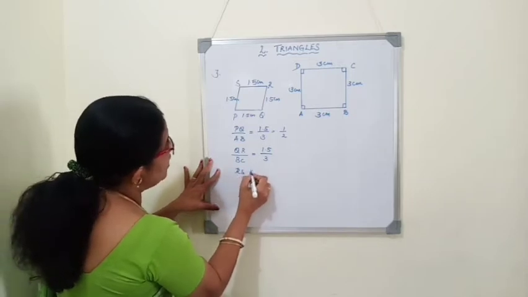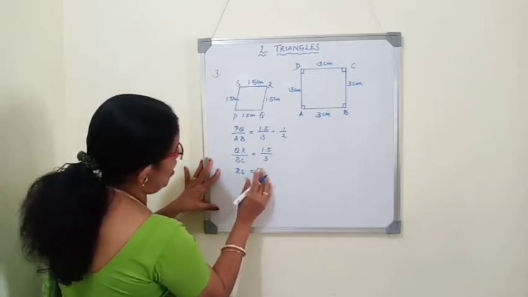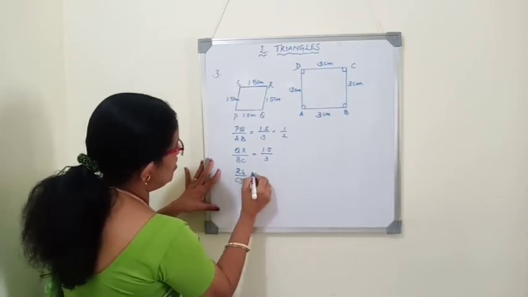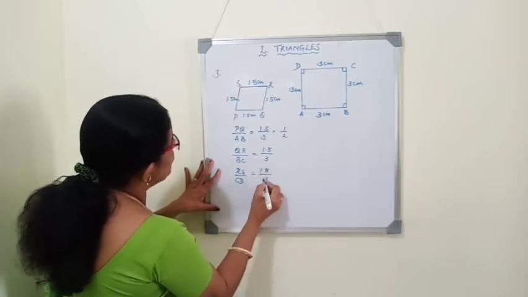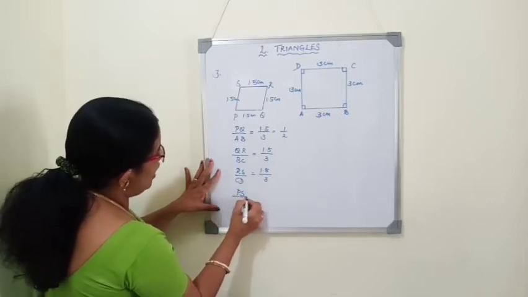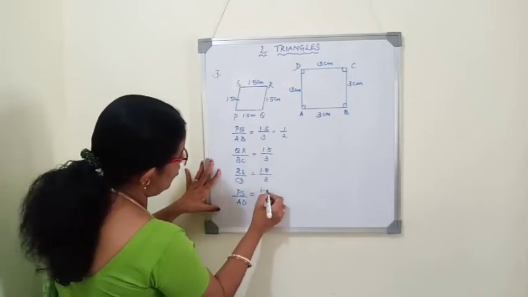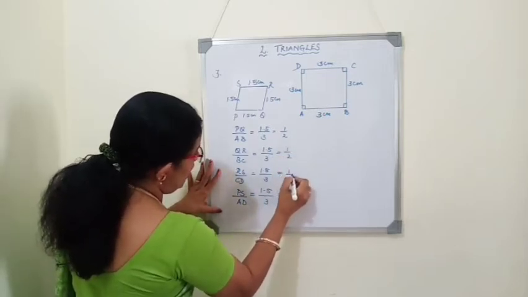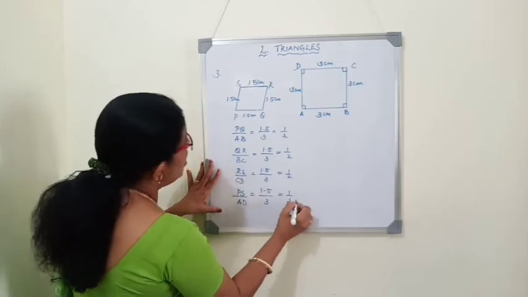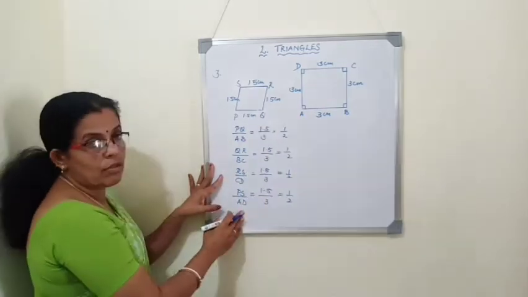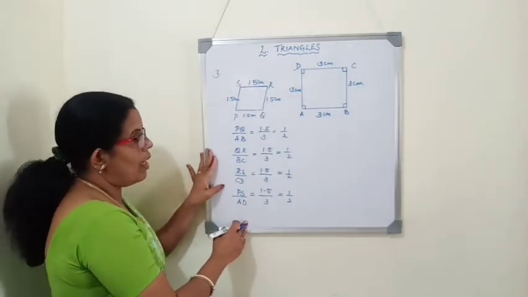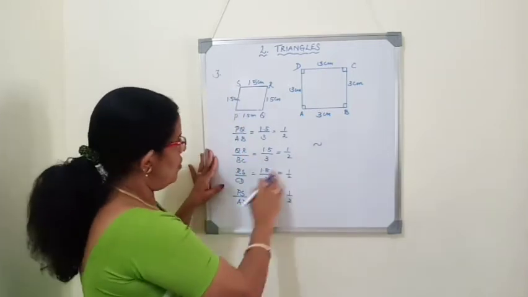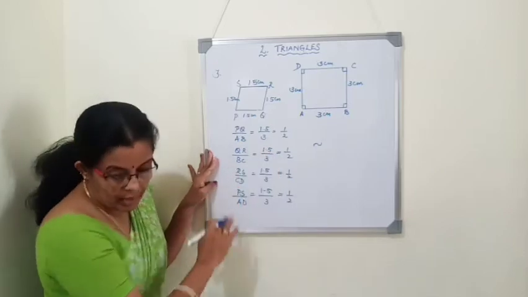RS by CD is equal to 1.5 by 3 and PS by AD, that is also 1.5 by 3. All the sides ratios are equal, they are proportional, but angles are not equal. Therefore, these two quadrilaterals are not similar. This is the symbol for similarity. So, these two quadrilaterals are not similar.